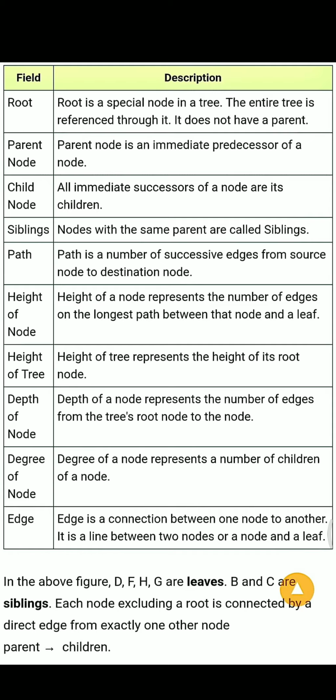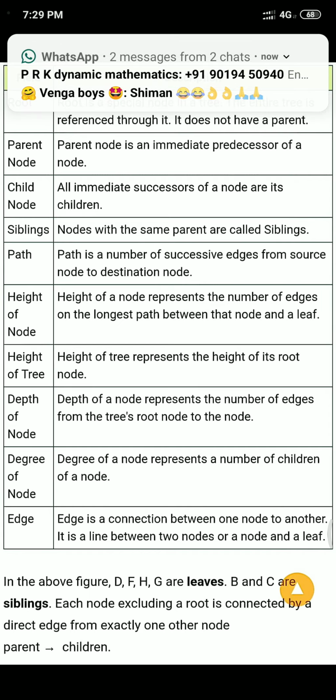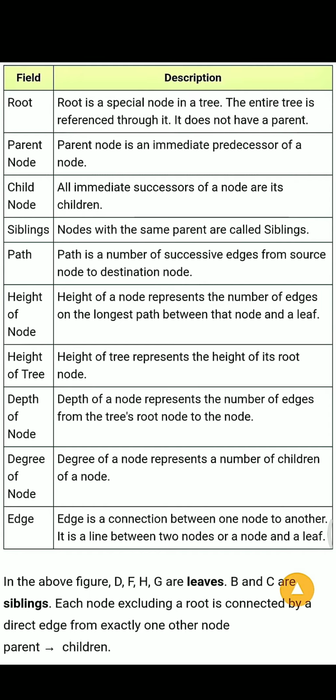Next we have parent node. A parent node is an immediate predecessor of a node. You may have a question: what do you mean by predecessor? Every node n in a tree except the root has a unique parent called the predecessor of n.